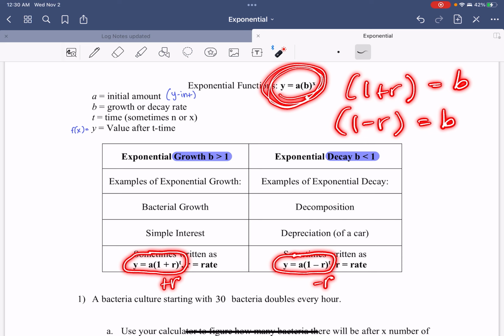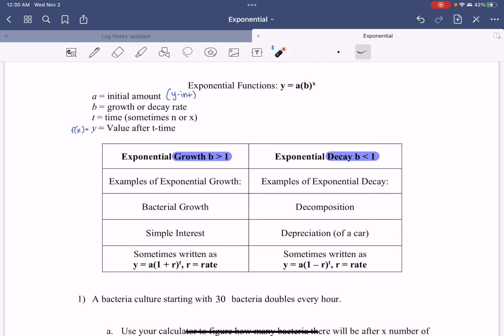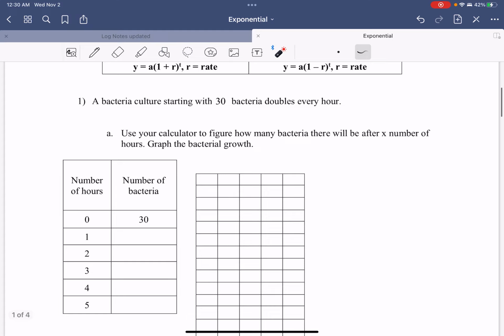When it's plus r, it's going to be growth, and when it's minus r, it's going to be decay. That's basically getting plugged into this b in the formula. So let's start with some examples.